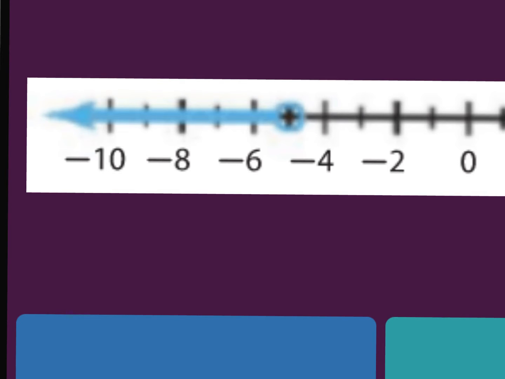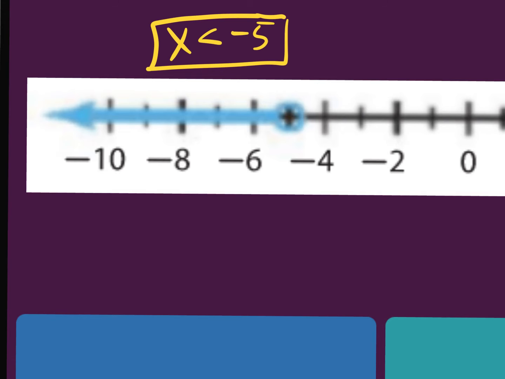So our x values, or whatever variable they use, are going to the left, so that would be a less than. It's an open dot, so it's not going to have a solid line underneath it. And it's at the value of -5. So this is the inequality that we want that represents that graph.